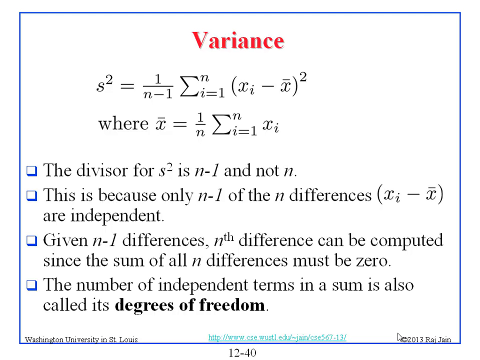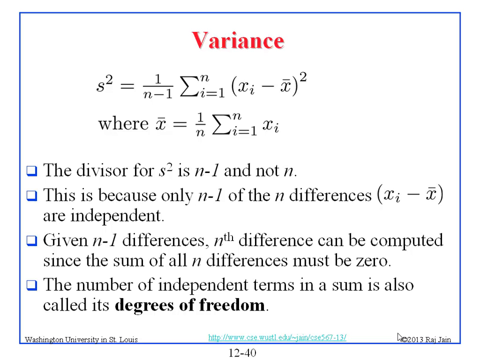Now, let me tell you, if instead of x bar we somehow knew mu. What is mu? Mu is the population mean. If we knew the population mean by some method, and we didn't have to estimate it from the same sample, and we put a mu there, then what will happen is, in that formula, you will have n degrees of freedom.